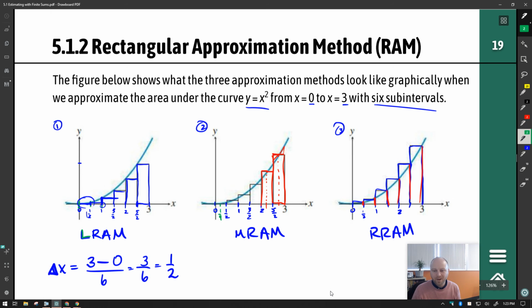And what's in between 1/2 and 1? That's 3/4. And these are the indices that we'll use to plug into the function y equals x squared to get the height. So 1/4, 3/4. Here's 5/4 and 7/4 and 9/4 and 11/4. So those are the 6 indices we'll use for those rectangles.